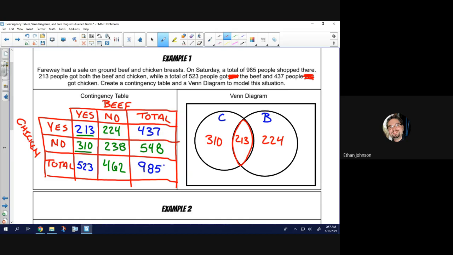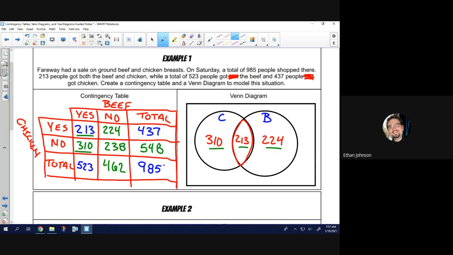Now, once again, thinking, we had 985 people go to the store. They got chicken, they got beef, but we also could have the option that they did not get chicken or beef. So to find the total of people that didn't, we're going to take that total of totals, so the 985, minus each of these three numbers.